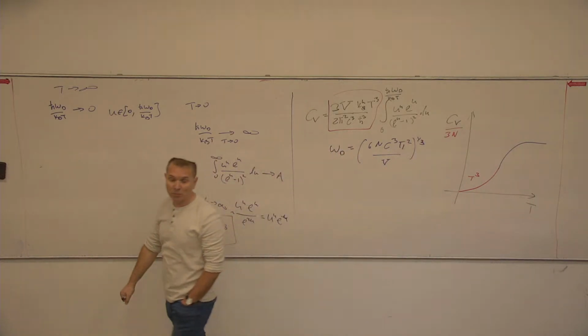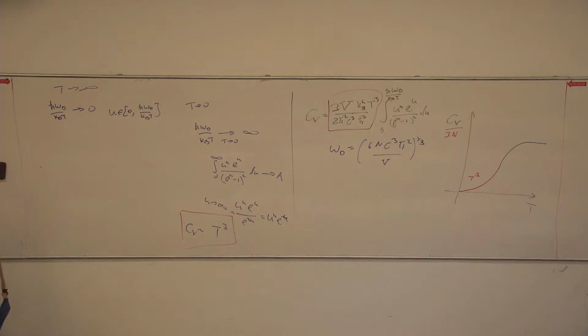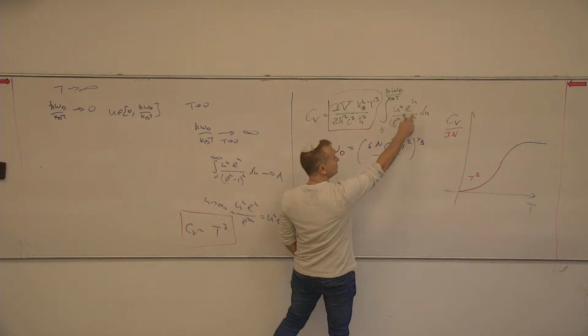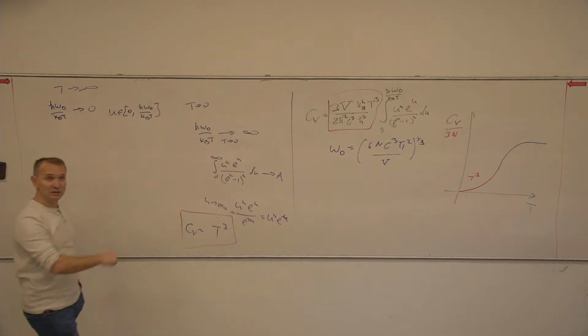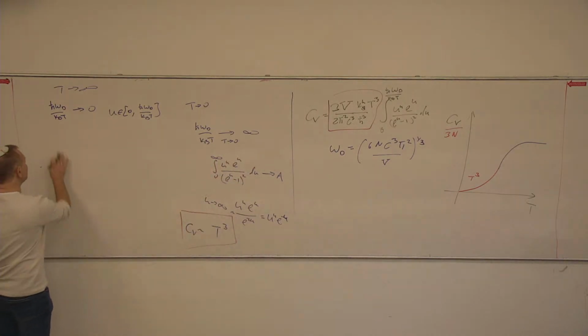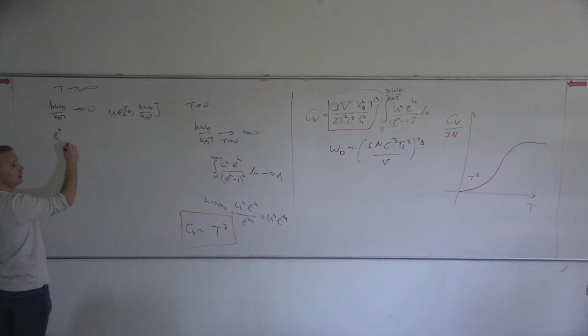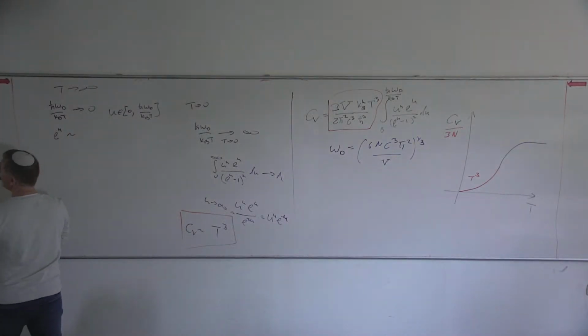When u is small, we can expand all the exponents over here using a Taylor expansion. So first of all, we have eᵘ, which goes as, let's see what happens.